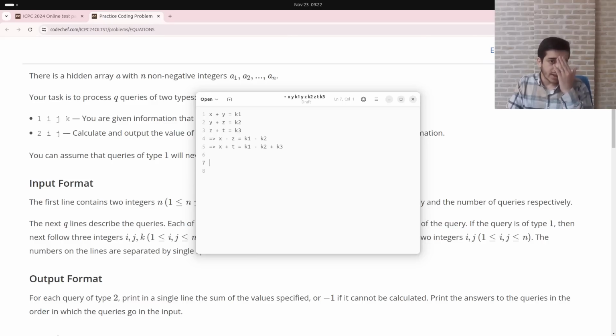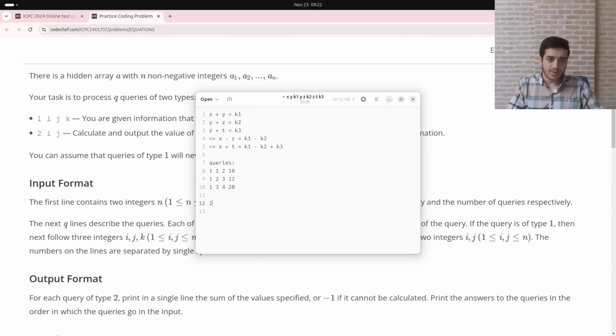So the first thing I said was incorrect. Consider this case. We have some queries like this: 1, 1, 2, 10; 1, 2, 3, 12; 1, 3, 4, like 20.